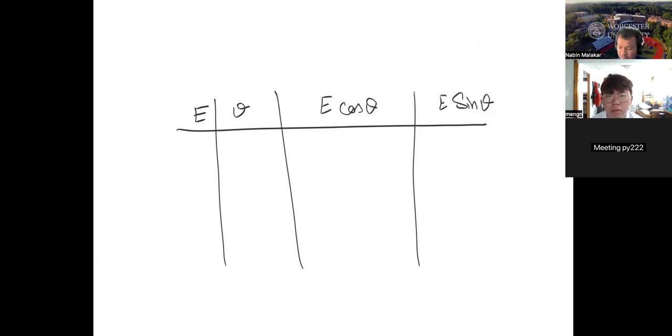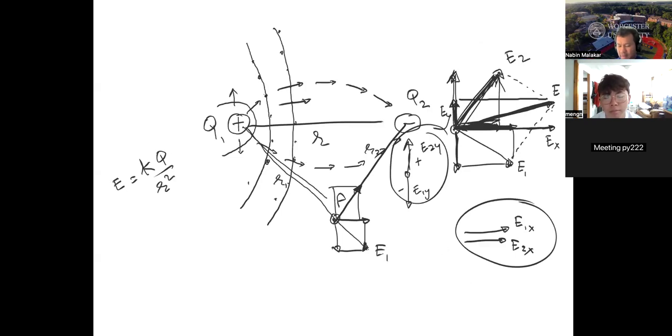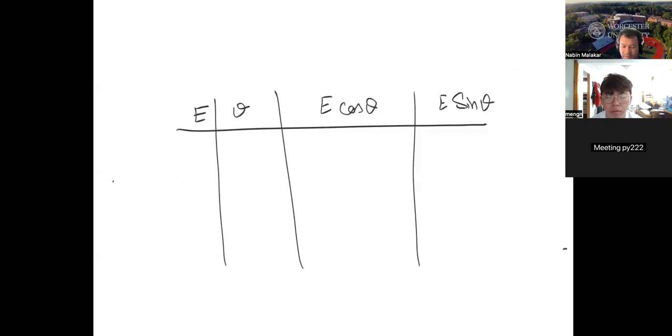That's what we did whenever we were working on the problem. Over here, we were calculating E cosine theta and E sine theta. That's how you got the components, EX and EY. So EX is E cosine theta, and EY is E sine theta. So hopefully that is now connecting all the dots here.